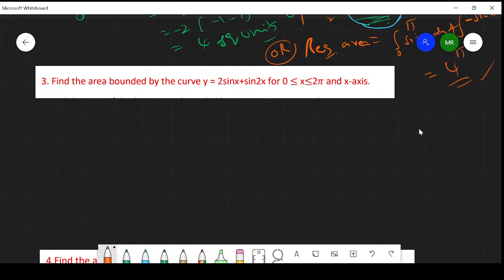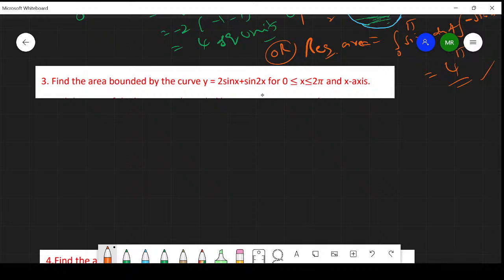See in this problem, just look at this problem, what I am going to explain. Find the area bounded by y equal to 2 sin x plus sin 2x for 0 less than x less than or equal to 2 pi and the x axis.